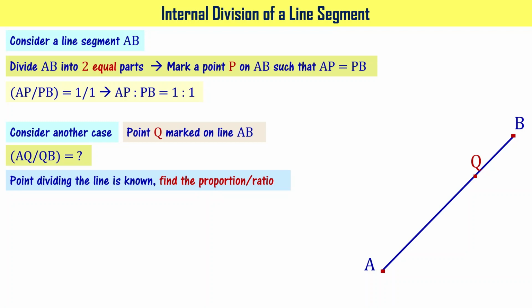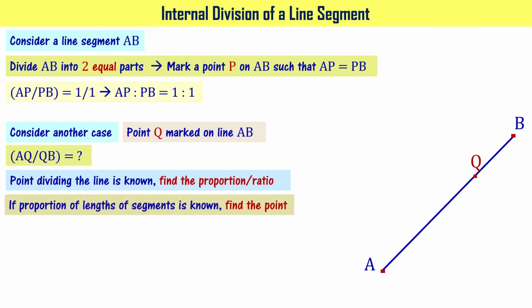The other scenario you can encounter is that the proportion of lengths of segments may be known and you may be asked to find the point which is dividing the line segment in that particular proportion. These kinds of problems can be addressed using section point formula or section formula.